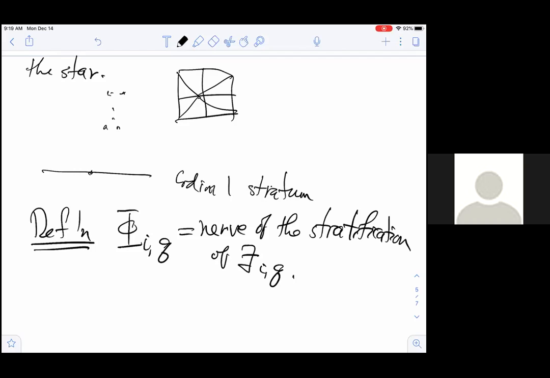So that's, for example, every 2 face. Okay.